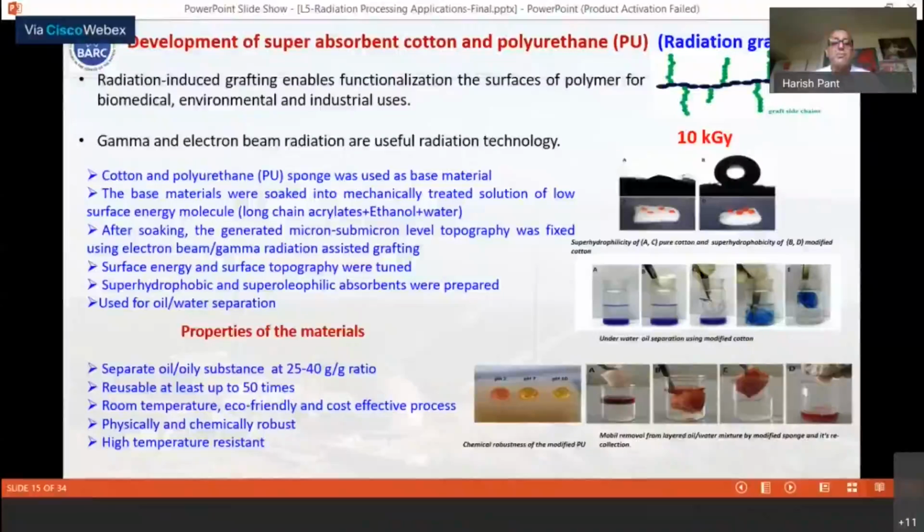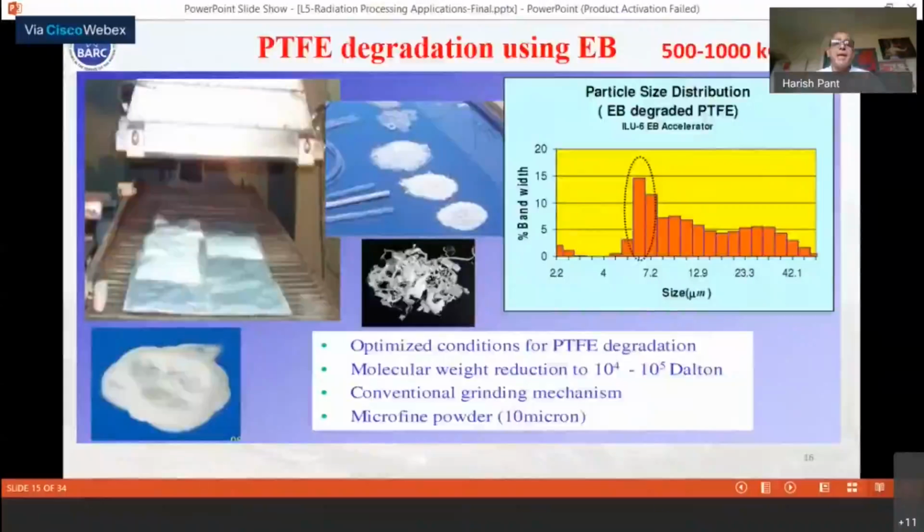Now here you can see PTFE, which is nothing but Teflon. A lot of Teflon scrap is generated in industry, and this Teflon is just a waste, and it is a non-biodegradable material.